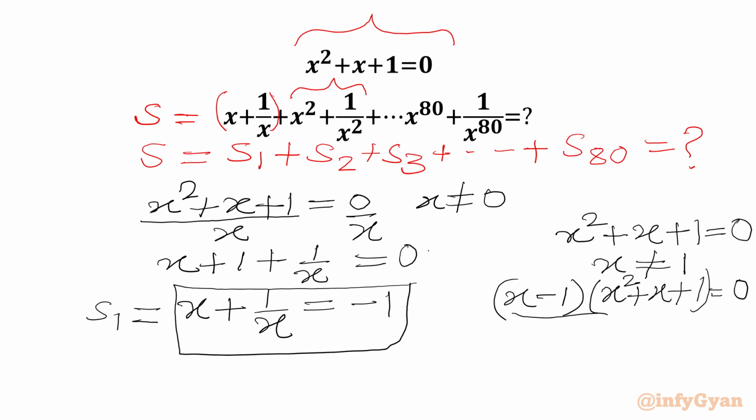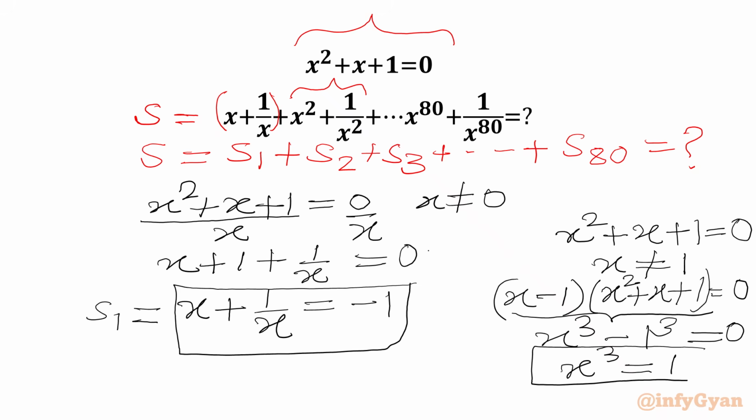Now this is one algebraic identity: a cube minus b cube is a minus b times a square plus ab plus b square. So from here we get x cube equal to 1. After squaring both sides, I can also write x power 6 equal to 1.